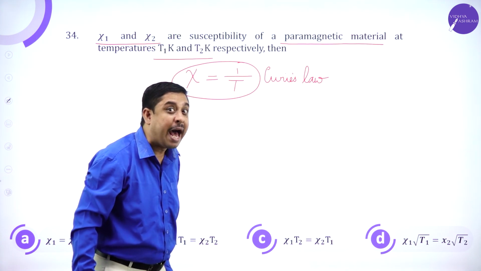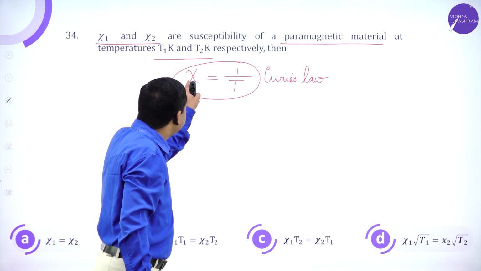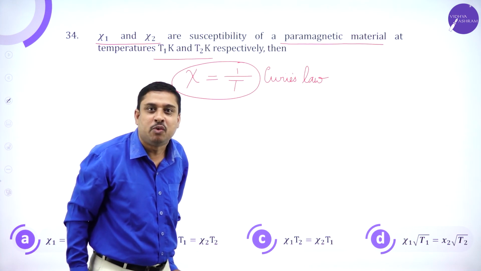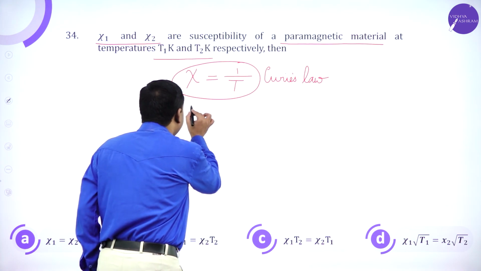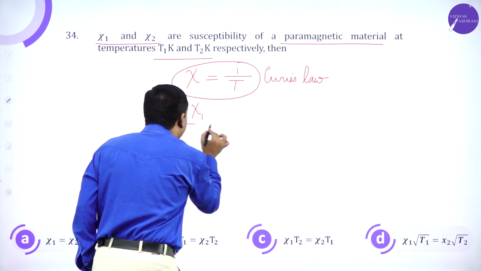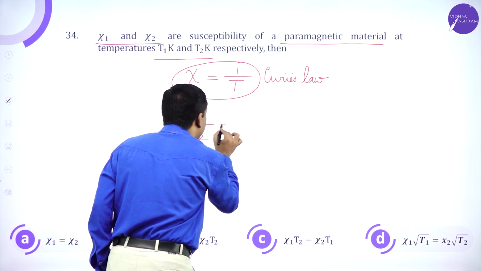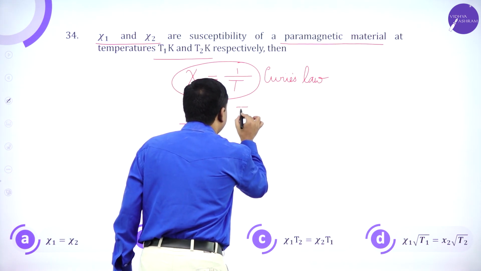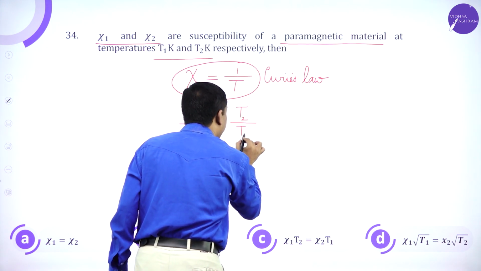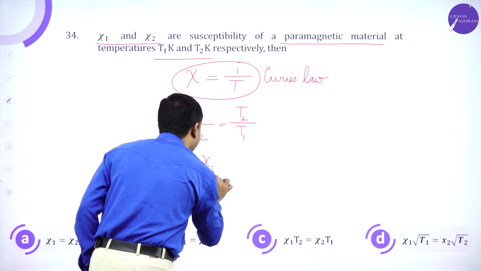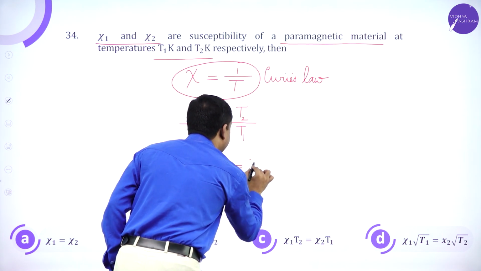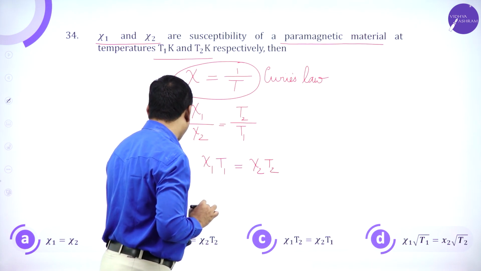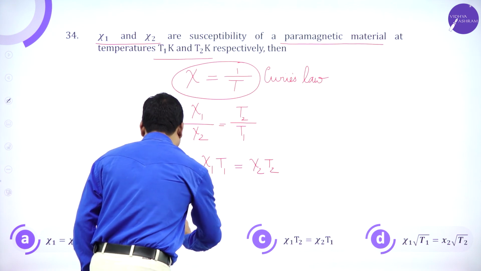Remember? For paramagnetic materials, Chi is inversely proportional to absolute temperature. So Chi 1 divided by Chi 2 should be the reciprocal of temperature, T2 divided by T1. Chi 1 T1 is Chi 2 T2. So the answer is Chi 1 T1 is Chi 2 T2.